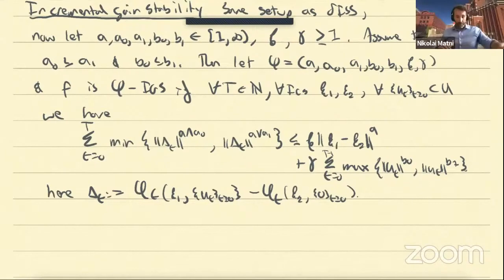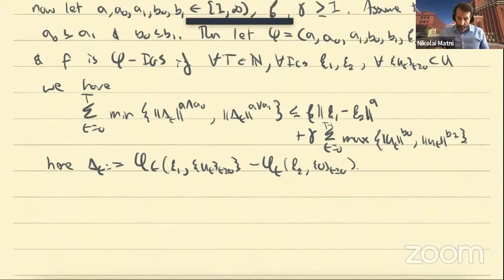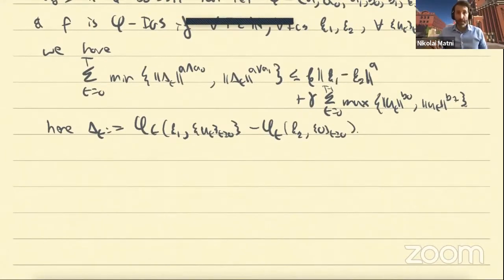Yeah, sure. I don't think that we're going to have time to get much beyond this. So instead of trying to rush through everything, we've only got 2 or 3 minutes. Stephen is going to talk a lot more about incremental gain stability this afternoon.